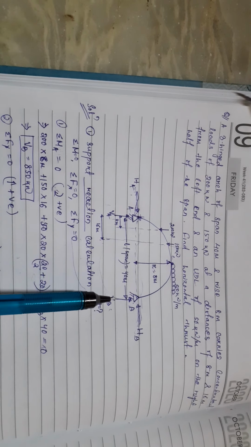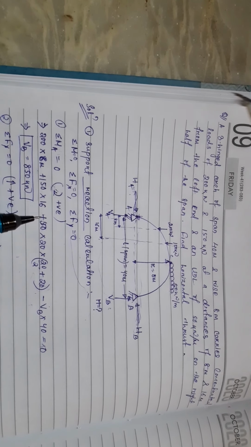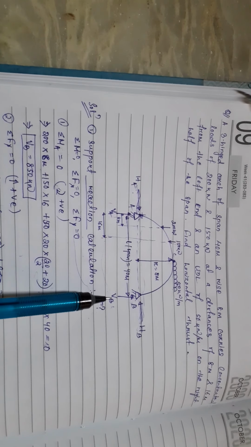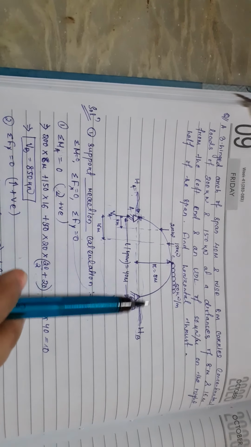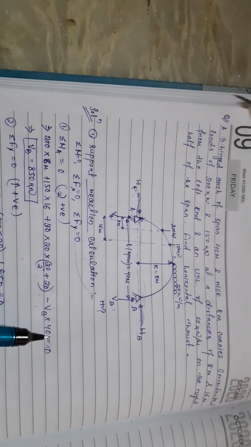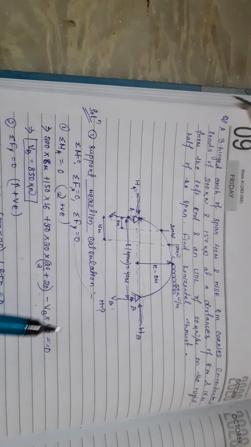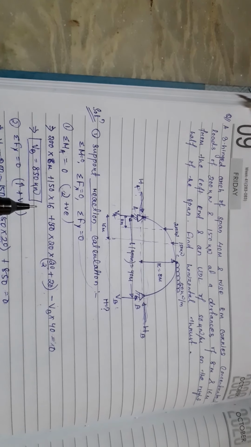It is also clockwise, so positive. And the vertical force VB into its perpendicular distance 40 is acting anti-clockwise, so it is negative, equals to 0. By solving this equation, we calculate VB equals to 850 kilonewton.